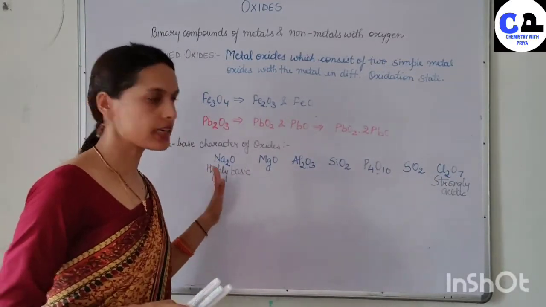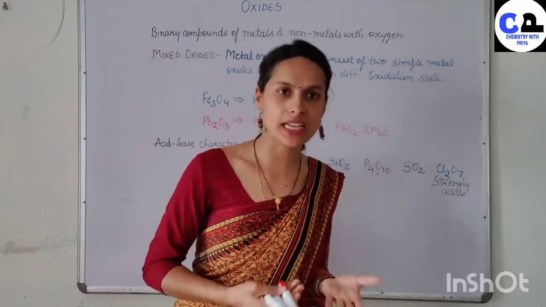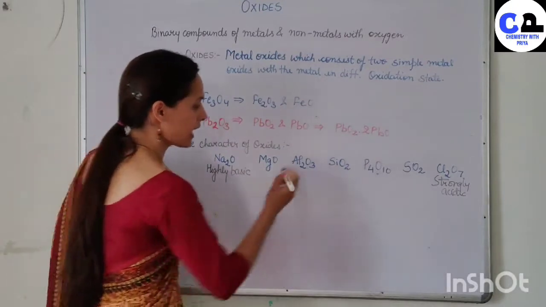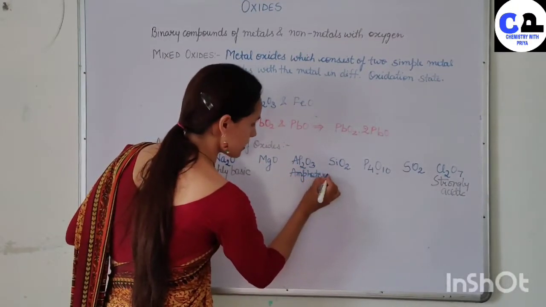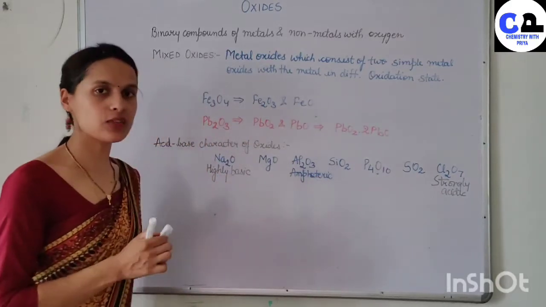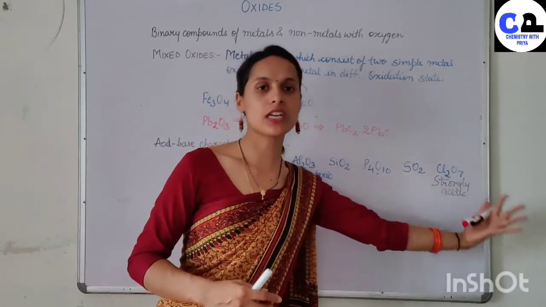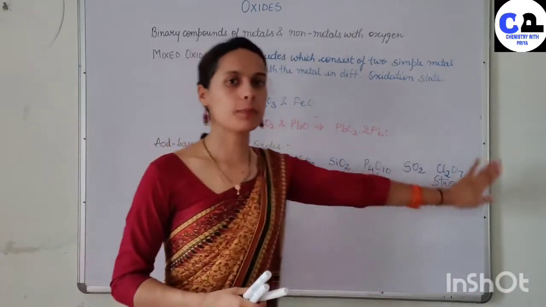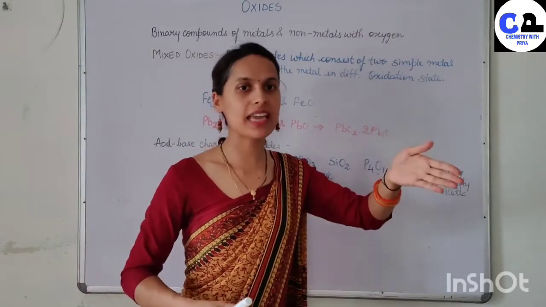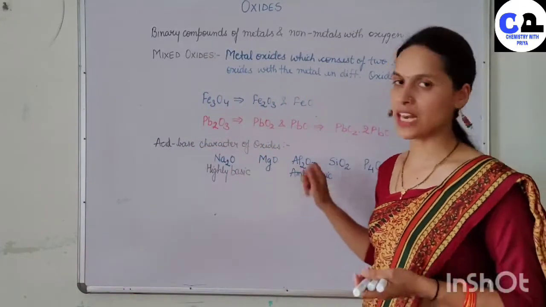The basic character gets converted into the acidic character through the amphoteric character, because we get amphoteric oxides also. So the basic oxide first gets converted into amphoteric oxide, and then amphoteric oxide gets converted into acidic oxide.